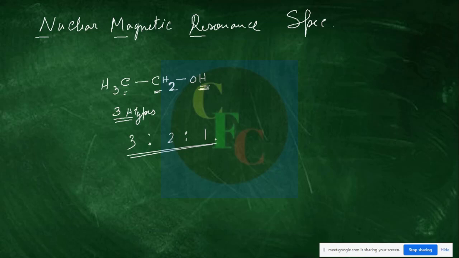Okay, so let's not delay and go straight to the theory of NMR spectroscopy. Now see, the theory is that some nuclei, so this is the nucleus of an atom, have some mechanical spin.